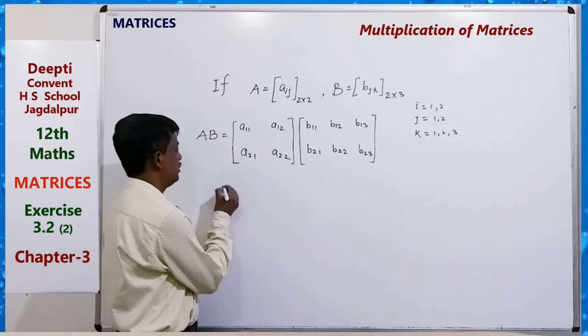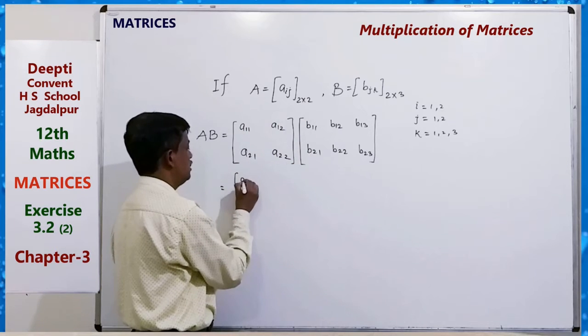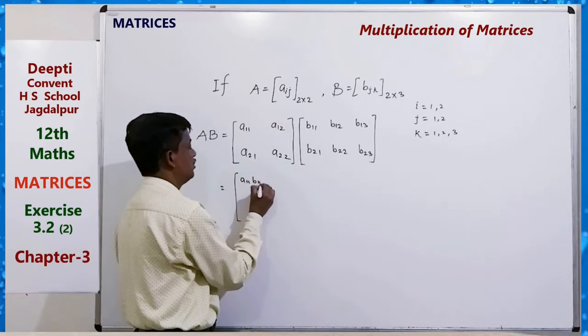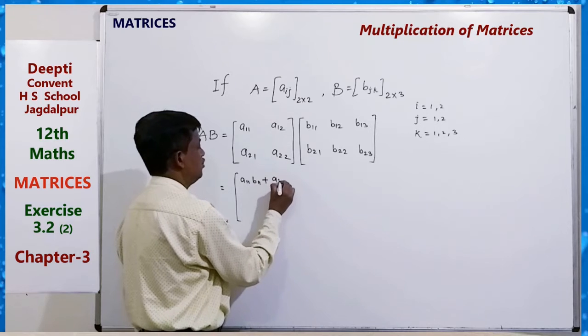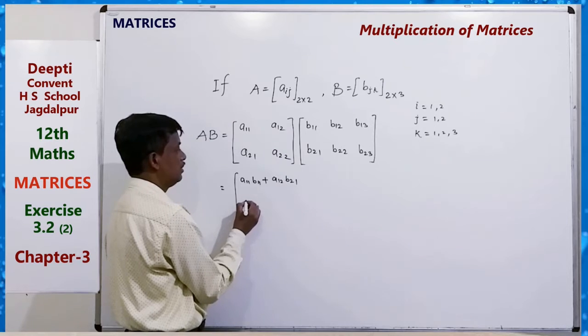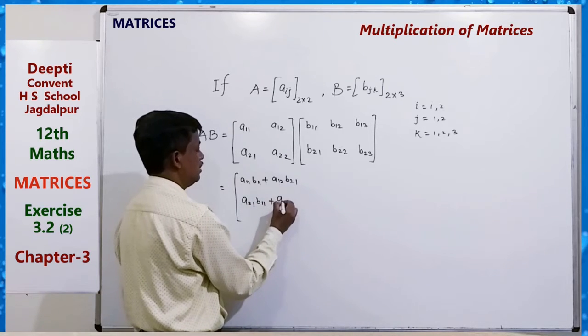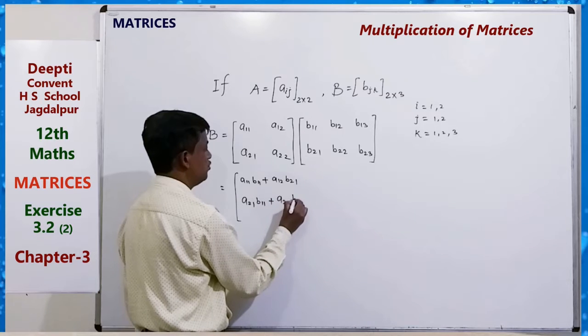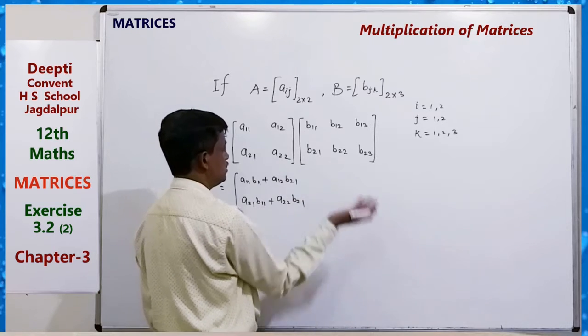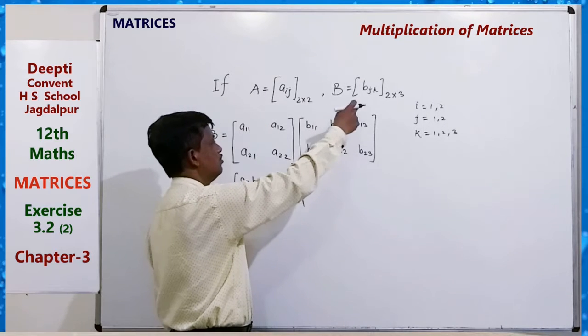Now multiply it. This row with this column: that is A11 B11 plus A12 B21. Here A21 B11 plus A22 B21. Similarly, do it three times, with each column.